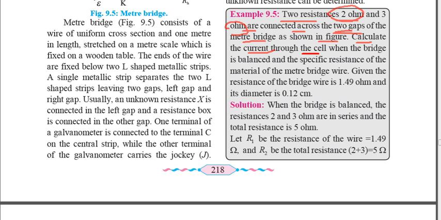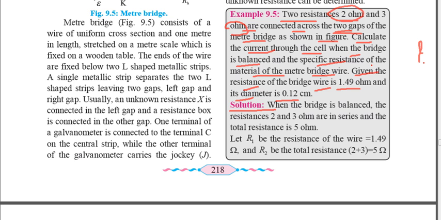Calculate the current through the cell when the bridge is in balance condition, and the specific resistance, that is rho, of the material of the meter bridge wire, given that the resistance of the bridge wire is 1.49 ohm and the diameter is 0.12 centimeter. That is the data given.